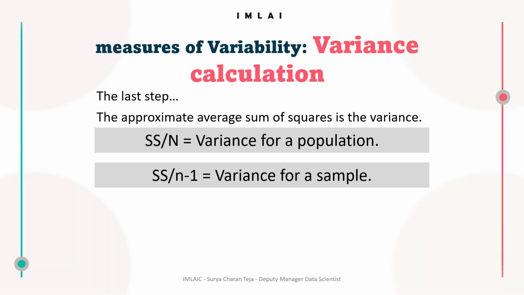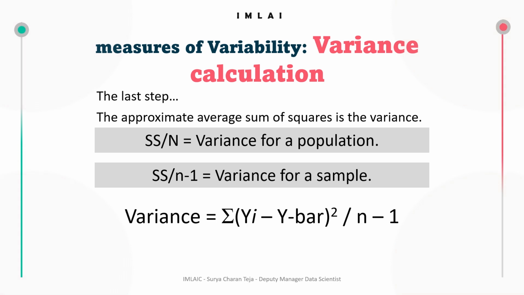Capital N represents the number of records of the population, whereas small n represents the number of records of the sample. So the formula is variance equals sigma of yi minus y bar whole squared, divided by n minus 1. This is for the sample.